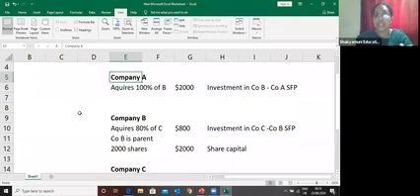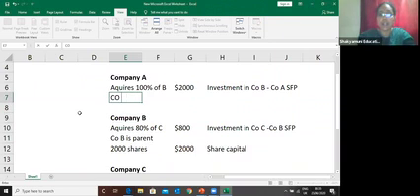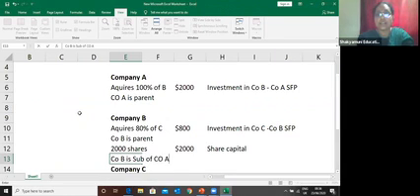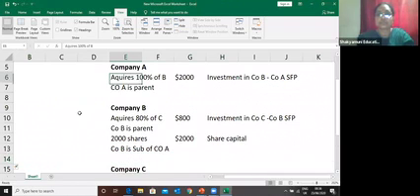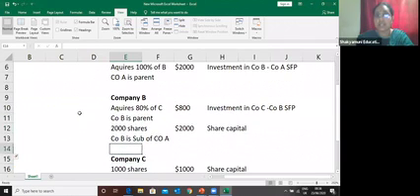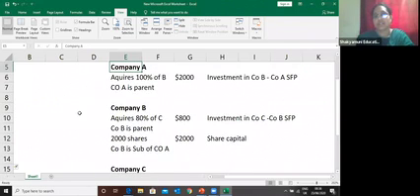That means company A is controlling company B. Here company A is parent and company B is subsidiary of company A, right? So if you see here, company B is acting as a parent to company C and company B is acting as a subsidiary of company A. That means here company B is parent as well as subsidiary.